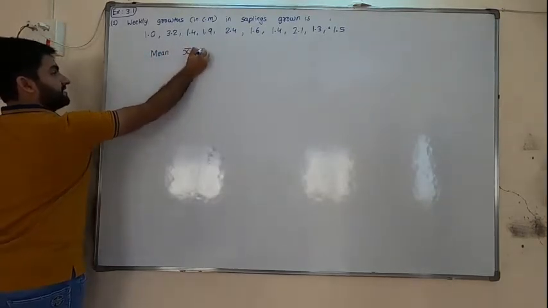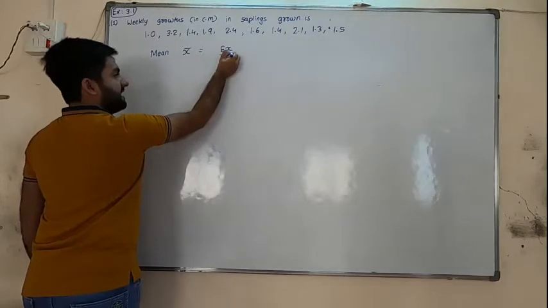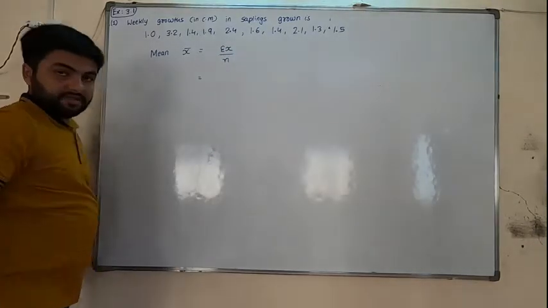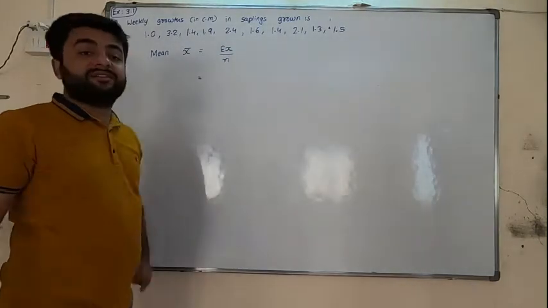Mean x bar is equal to sigma x upon n. So show all these values in the addition.